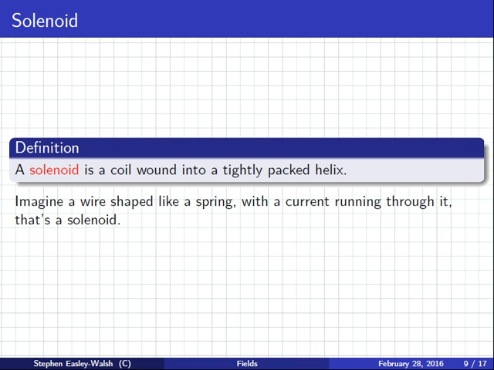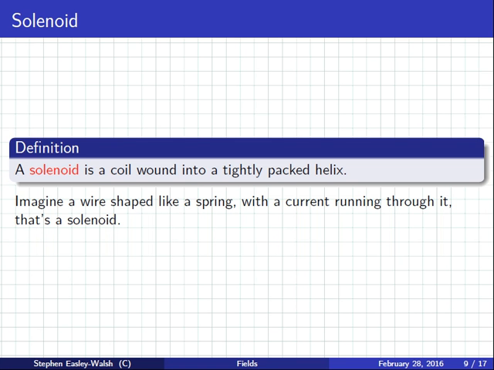Now, I was always taught at school that not only does it need to be shaped like a helix, a spring, but that there needs to be some iron or some metal running through it as well. But actually, you don't need the metal there for the definition.